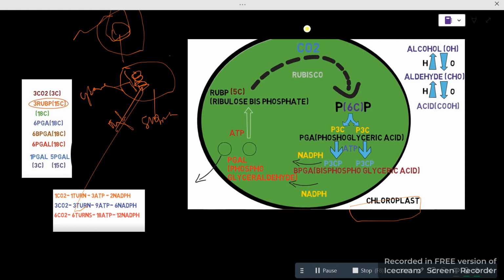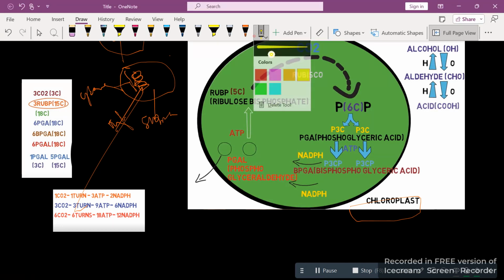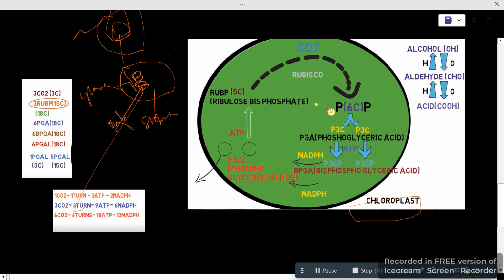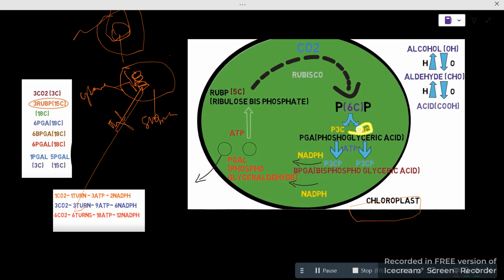Otherwise we always say that the first product was 3 carbon, that was stable, but before that you also found 6 carbon, that was not stable, that's why we do not consider that. But yes, this 6 carbon phosphate would divide into 3 carbon, and give 2 phosphate, and this would be the stable form.